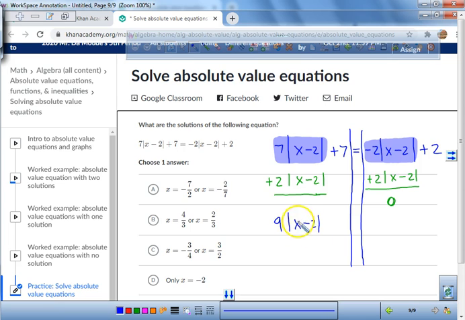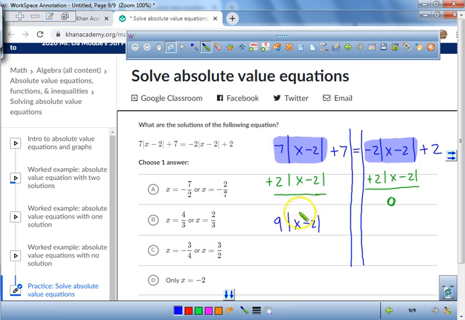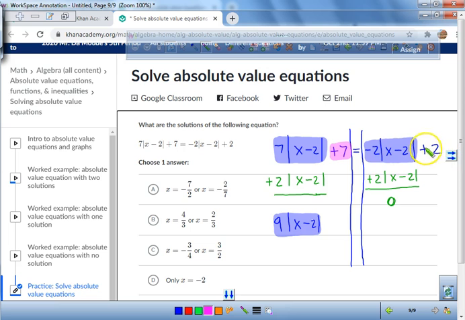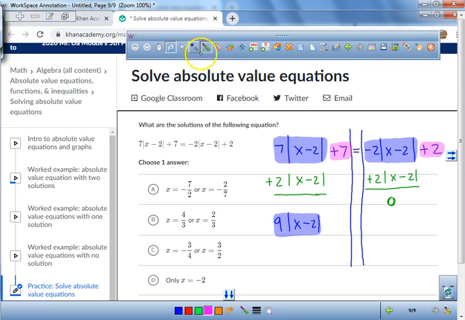Well, if I put all of my absolute value on one side, what do I have to do with my constant right here? I have to move it to the other side. So how do I get rid of a positive 7? I'm going to have to take it away. So that zeroes out.